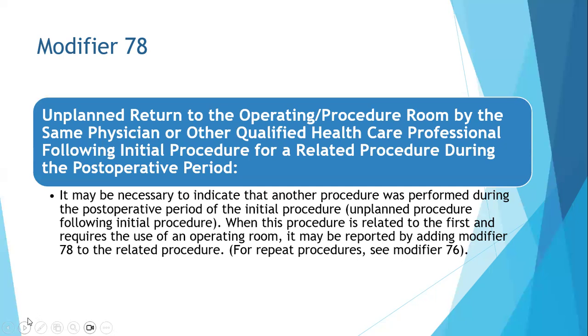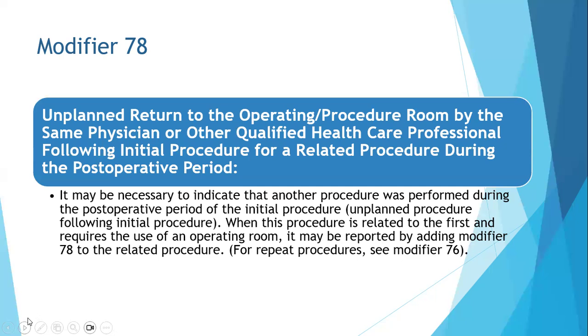Now would that start the global period all over again, like we were talking about earlier? Just like we mentioned a minute ago, if the second surgery also has a 90-day global period on it, you're going to have two different global periods you have to track. You're going to have the global period for the first procedure, and then the global period for the second procedure. Awesome.